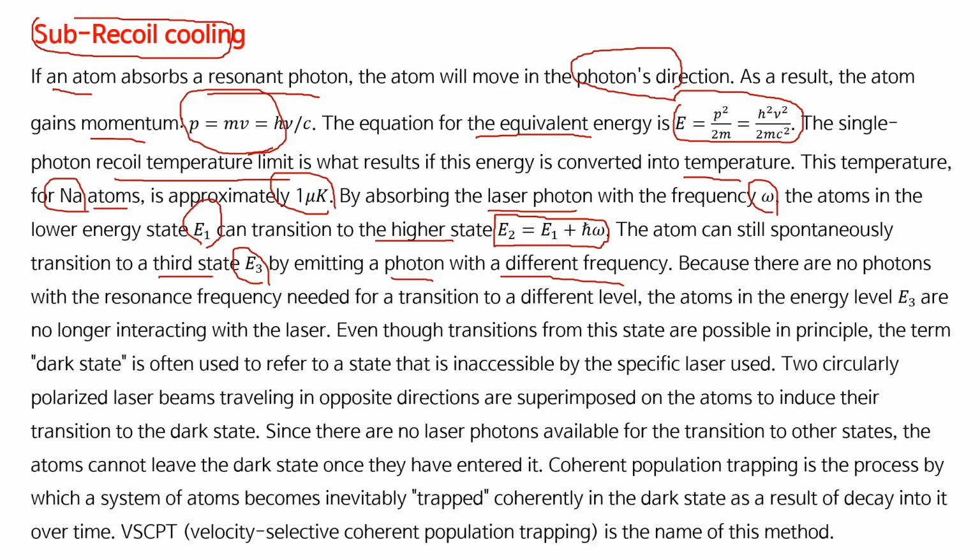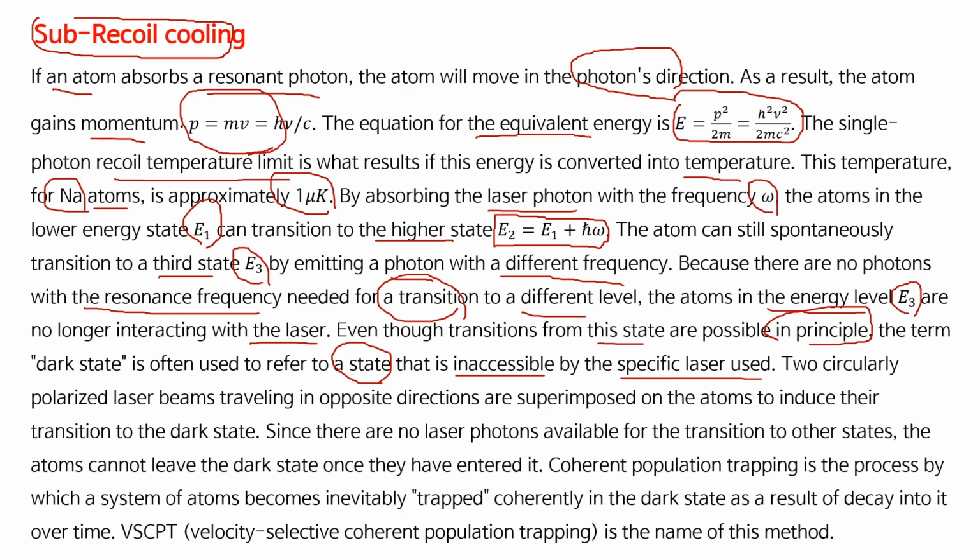Because there are no photons with the resonance frequency needed for a transition to a different level, the atoms in the energy level E3 are no longer interacting with the laser. Even though transitions from this state are possible in principle, the term dark state is often used to refer to a state that is inaccessible by the specific laser used.